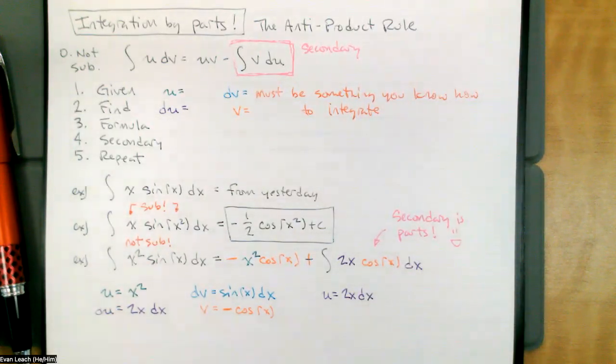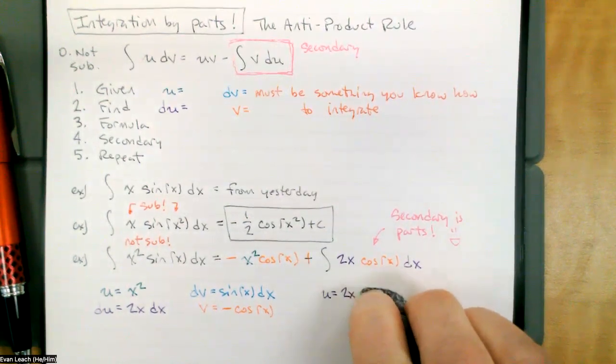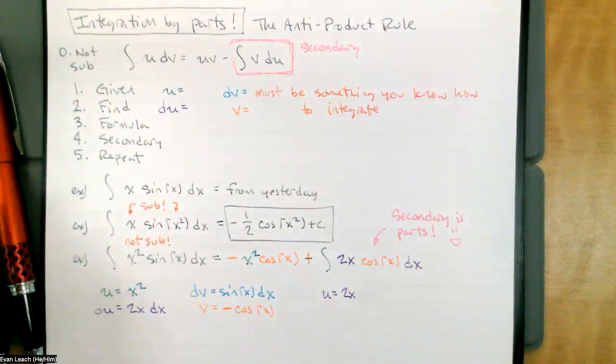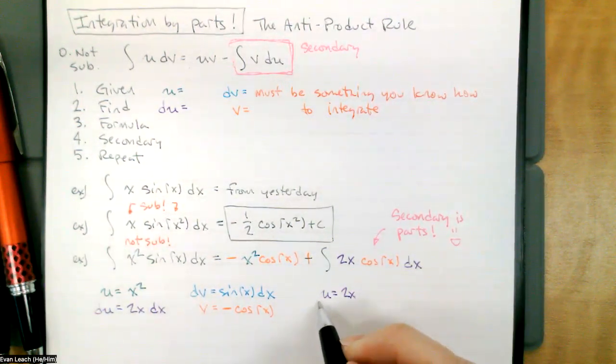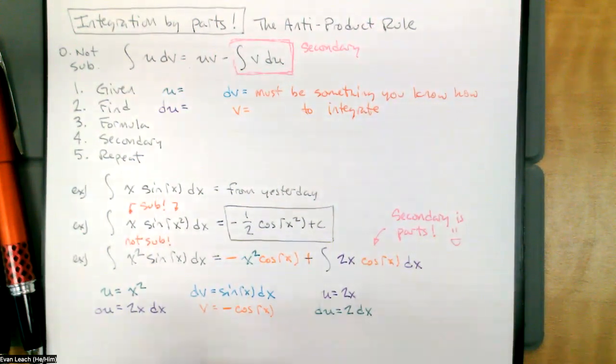The dx always goes with the dv. If u is 2x, then du is 2 dx.